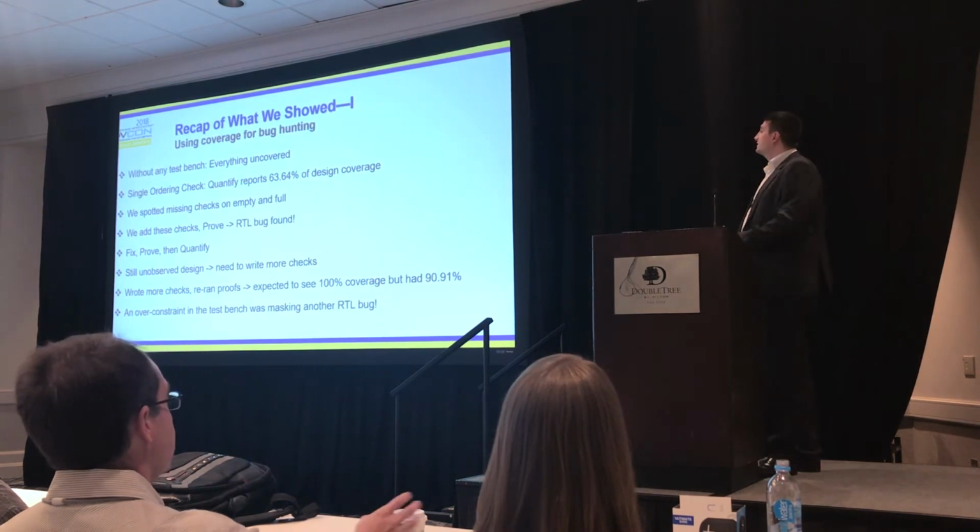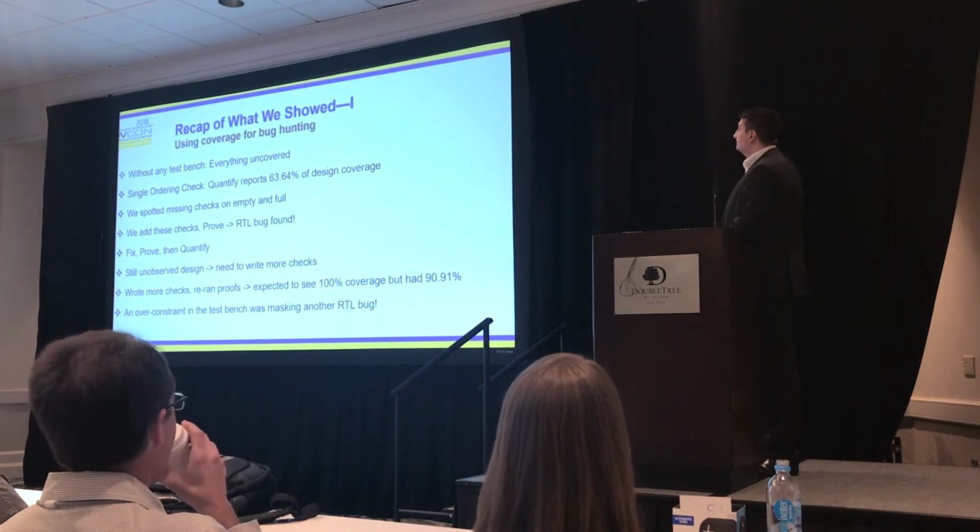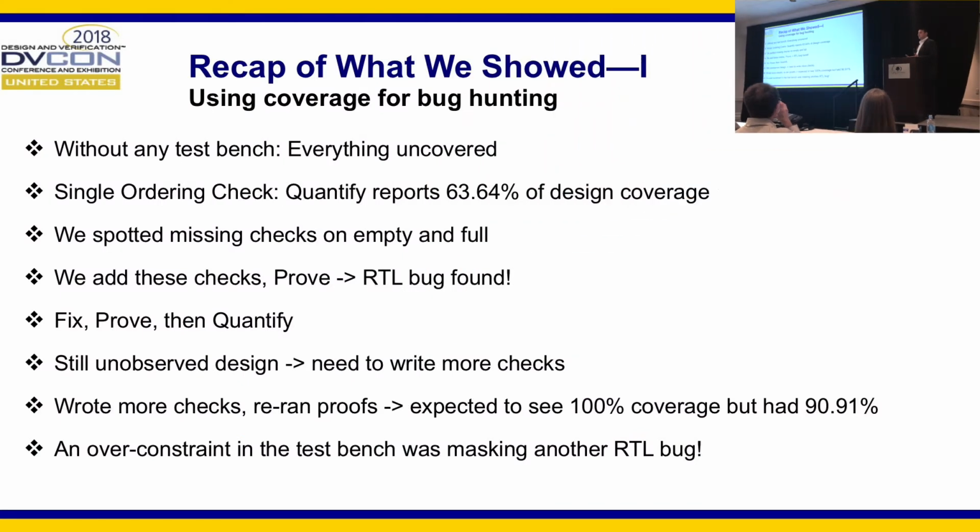Okay, so let's recap before I hand it over to my colleague. So, what did we do? We showed that without the test bench, everything is uncovered. Then we added an ordinary check, which got us to 63%. We followed the verification holes indicated by the HTML view of quantify and added missing checks for empty and full.